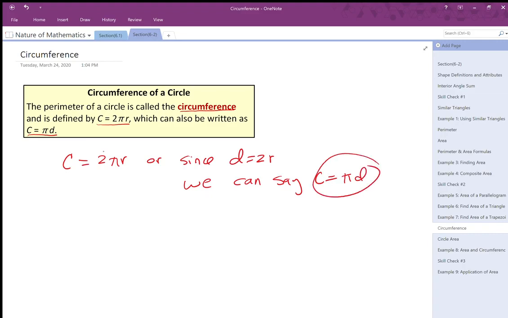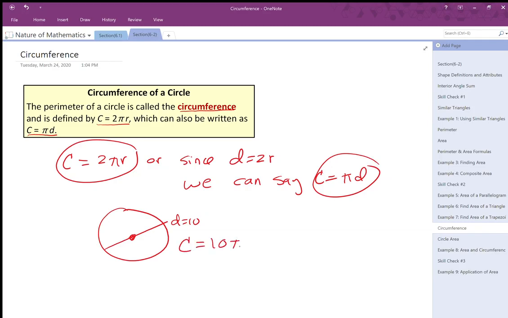So we have two different formulas that we can use for circumference. Both are right.